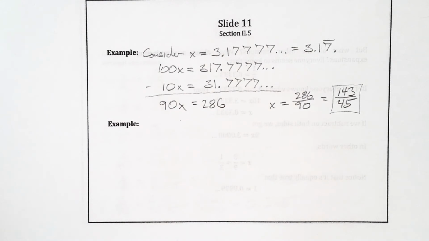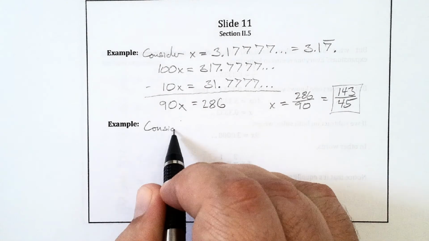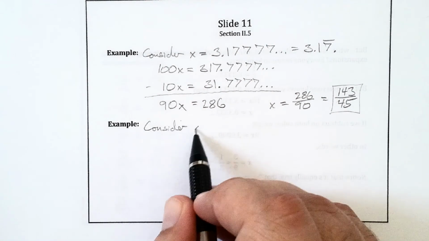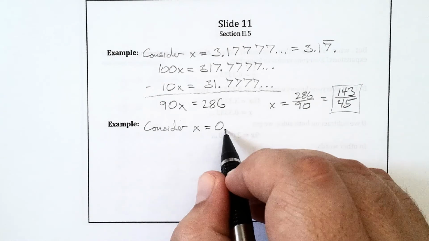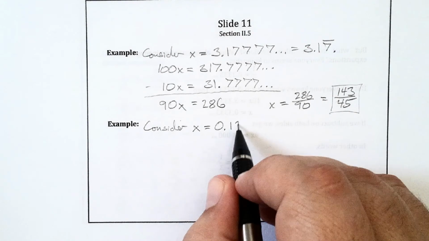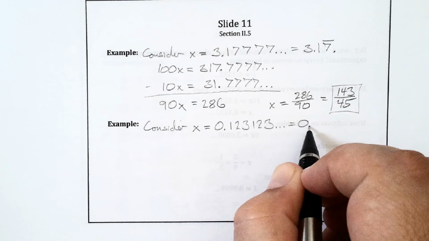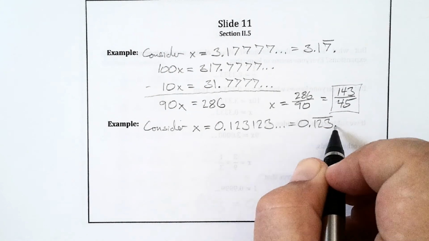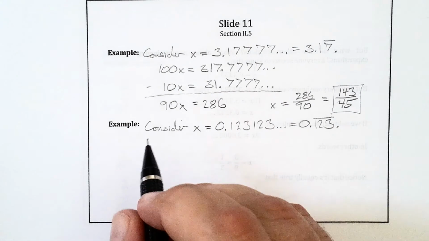Let me try just one more. Let's consider x equals 0.123, 123, and so on. Here I would use 1,000 times x to start off with.